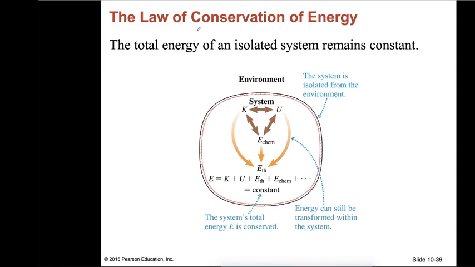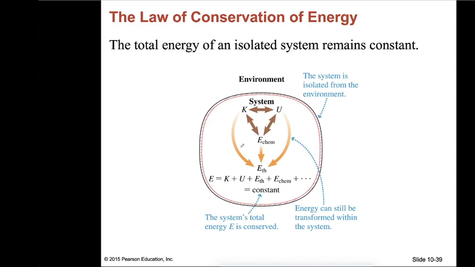The law of conservation of energy: the total energy of an isolated system remains constant. So here it's the system. If the system is isolated, then the total energy is constant.